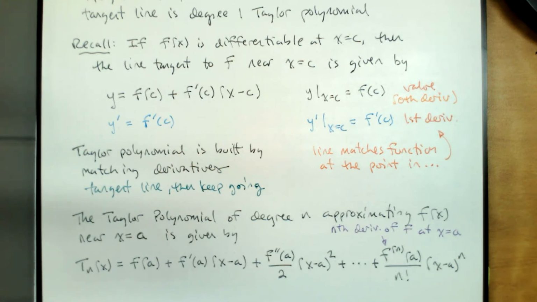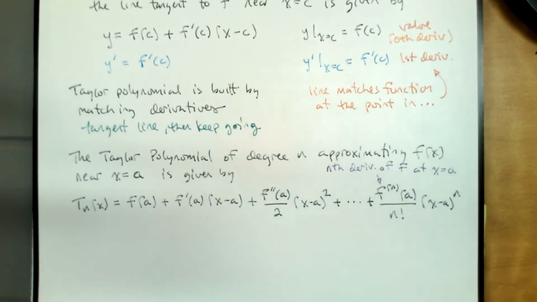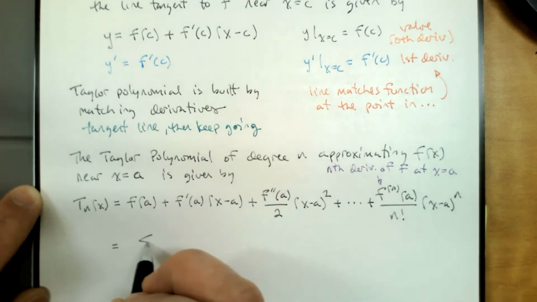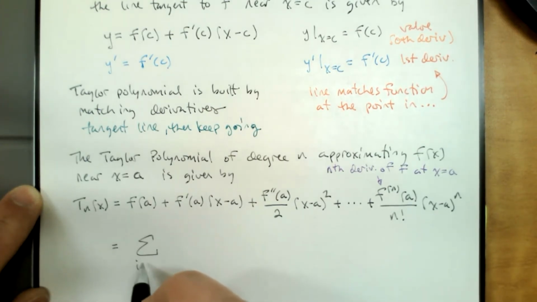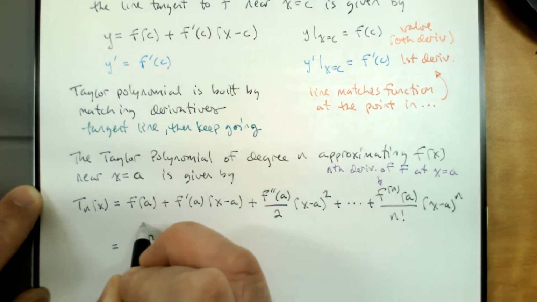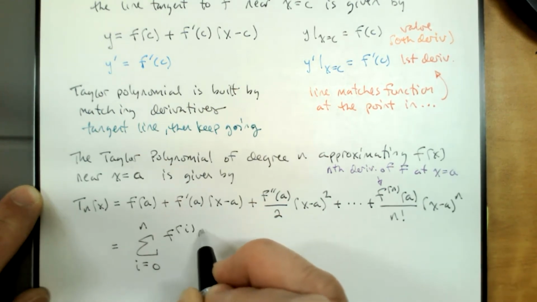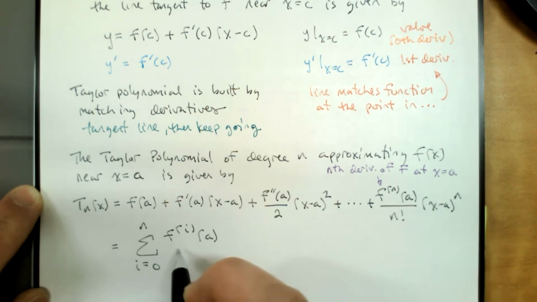We can write this in summation notation. And here's where we're going to have to rely on calling the function itself the 0th derivative.